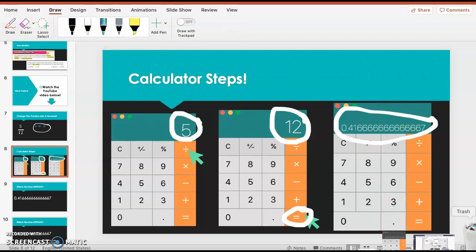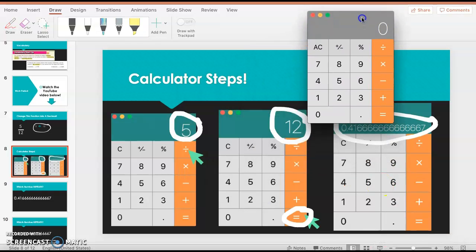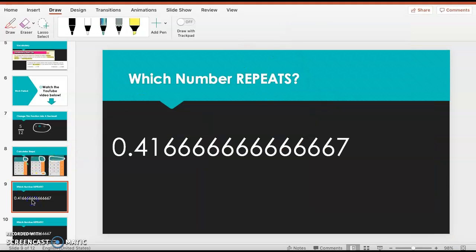Let's try it in our calculators just to make sure that we get it. 5 divided by 12 equals 0.4166666666 and 7. So that should be the number that you got.